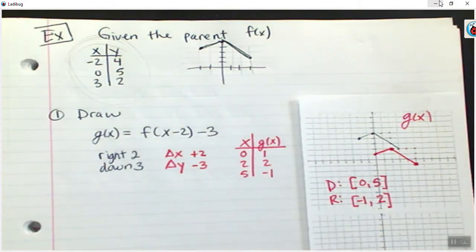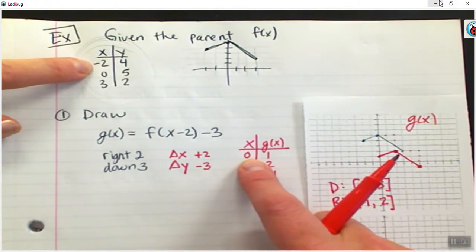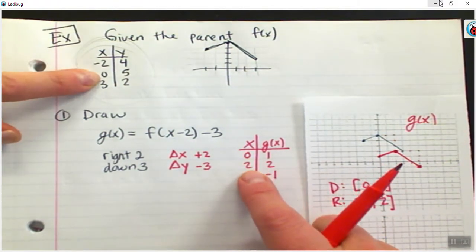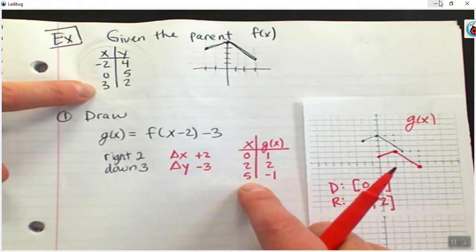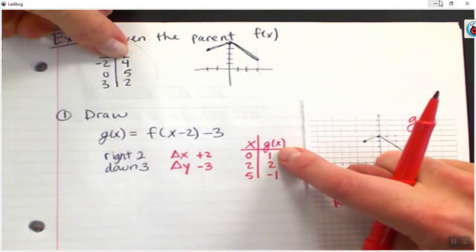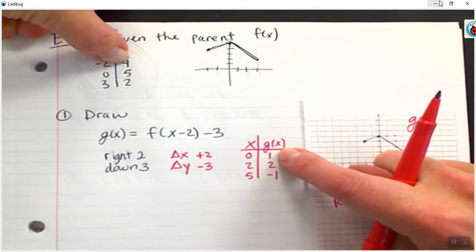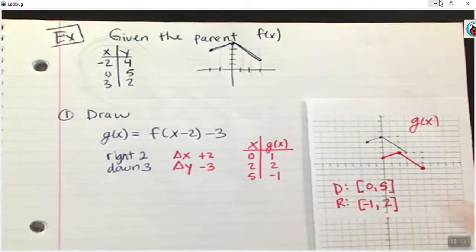So in the change in x, I will change the x's by plus 2. Negative 2 plus 2 is 0. 0 plus 2 is 2. 3 plus 2 is 5. In the x's, because I'm changing x's. The y coordinates are minus 3. 4 minus 3 is 1. 5 minus 3 is 2. 2 minus 3 is negative 1.